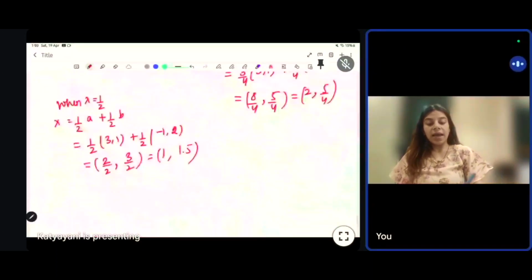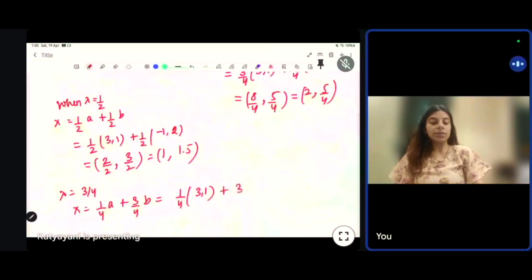Similarly, when lambda is 3 by 4, right, then I would get it as 1 by 4 times a plus 3 by 4 times b, which is 1 by 4 times 3, 1 plus 3 by 4 times -1, 2, which is 0 times 1 and then 7 by 4, right?